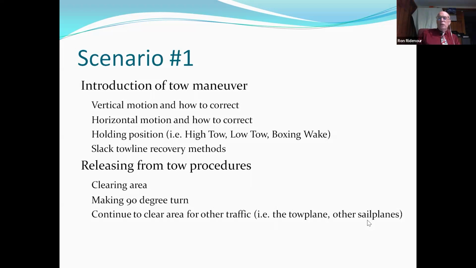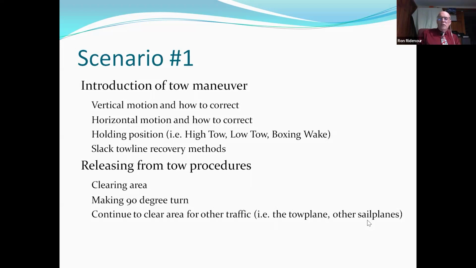But if you're off to the left side of the tow plane and you're moving to the right, in other words, you're moving back toward the center line of the tow plane, the correct motion is to stop the right hand movement with left bank or leveling the wings in that case, because the horizontal motion is being caused by the bank of the wings. And it should be a coordinated aileron and rudder when you're correcting the bank of the wings on tow.